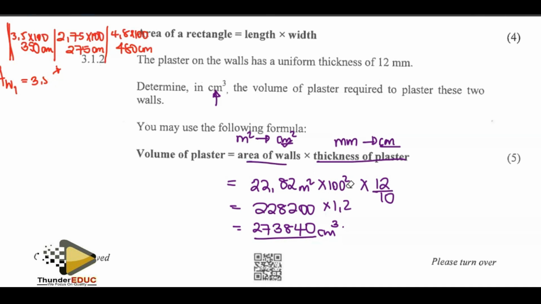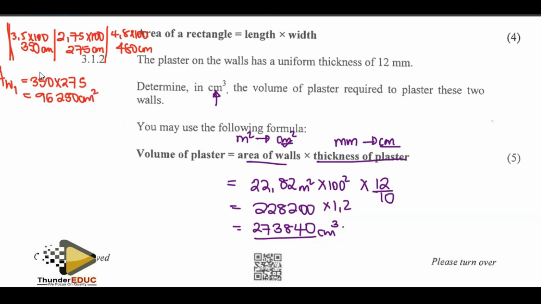So we come back here and we say the first one is 350 times 275. 350 times 275 is 96,250.